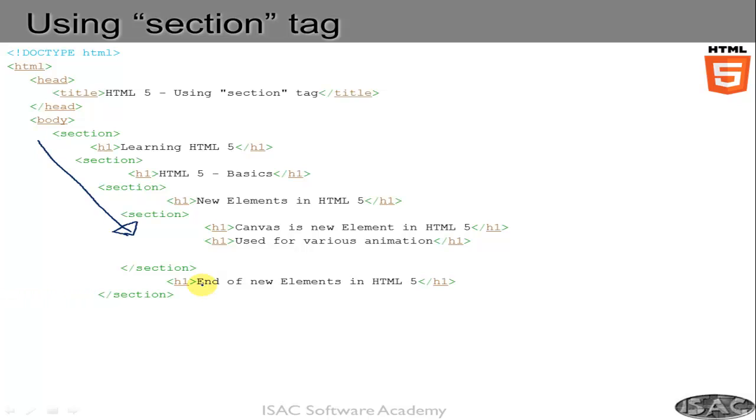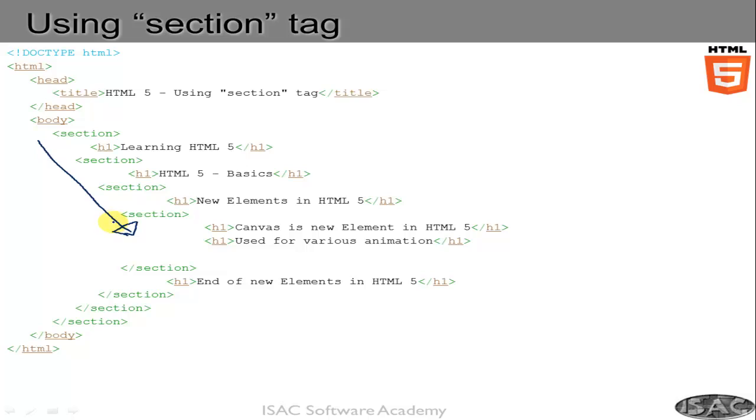So, there are two sections. This one is closed here, and this is not a new section, it is just text here. This is closed here and then keep closing another. So, what it shows is how you can nest a section inside a section and structure the flow of information in HTML5. Now, after this I will just close the body and HTML.